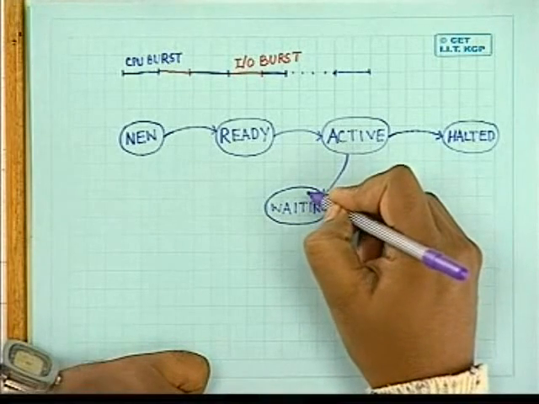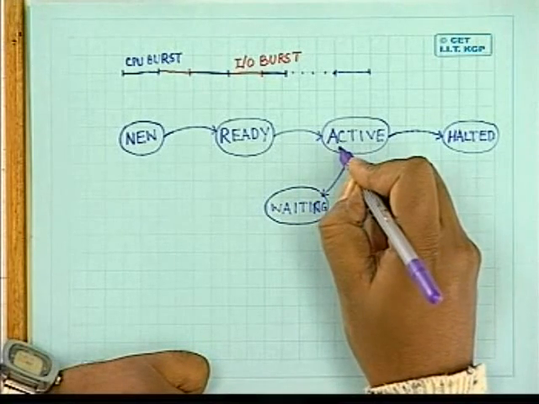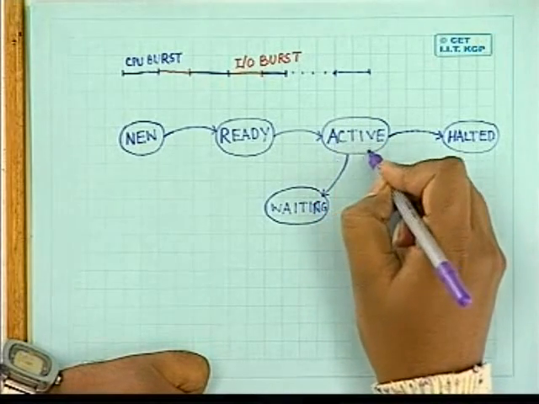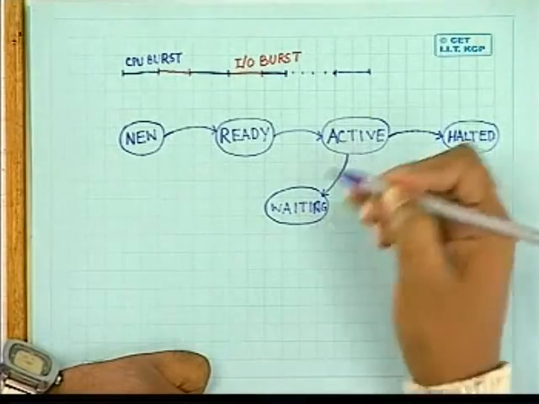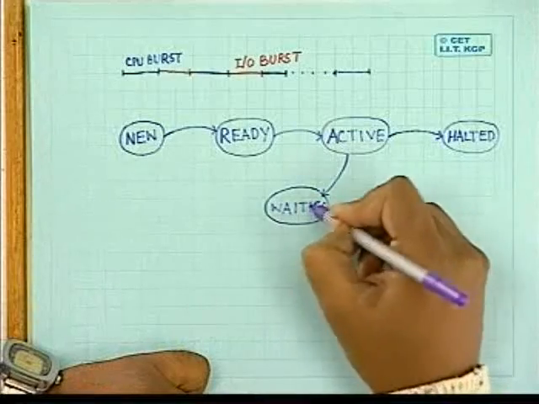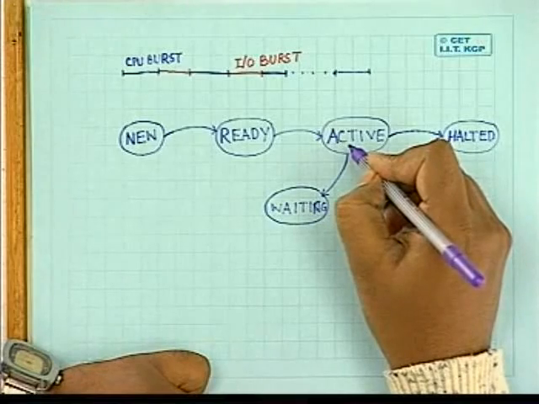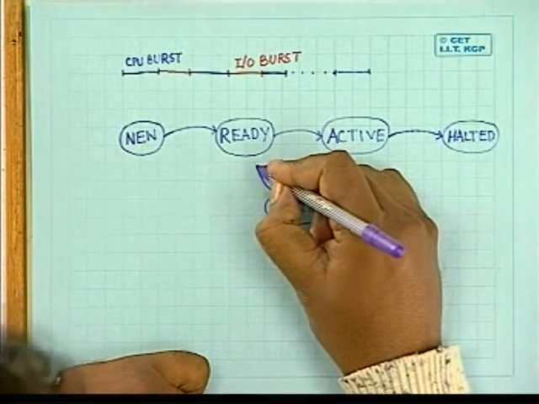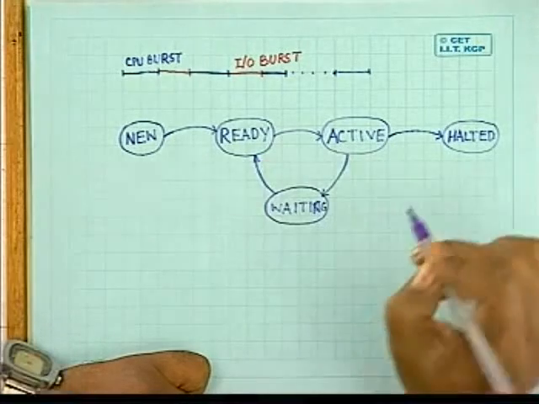Either we can move the job from waiting state to active state, but in that case, we have a risk that maybe the CPU burst of another job which was in progress is not yet complete. So if that is not yet complete, I cannot move this waiting job to active state immediately. So what we do is, from the waiting state, you move the job to the ready state.